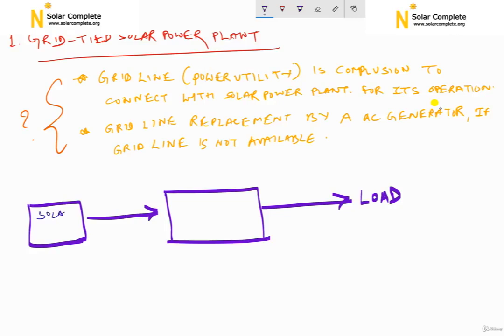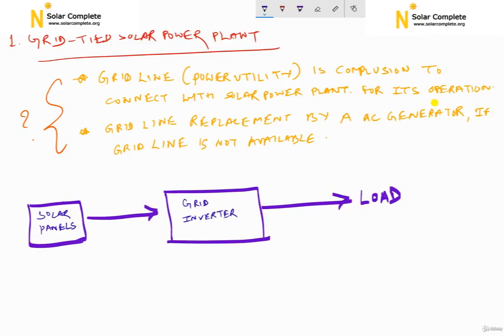So a grid connected solar power plant will only work from sunrise to sunset, whenever solar power is there. After sunset, no solar power will be there, so there should be an alternate power, which will be fully provided from the power utility line.